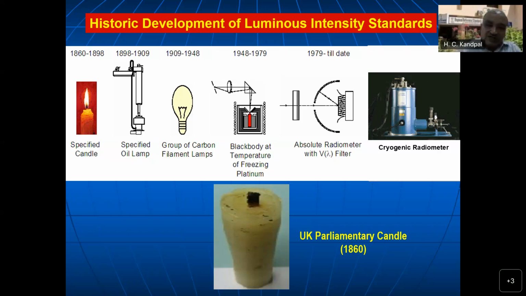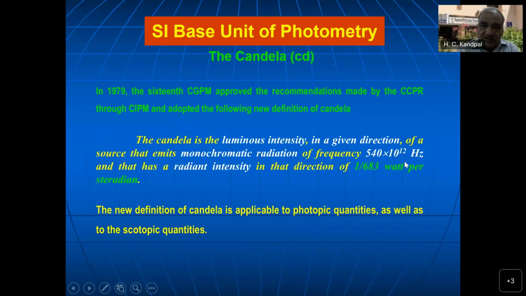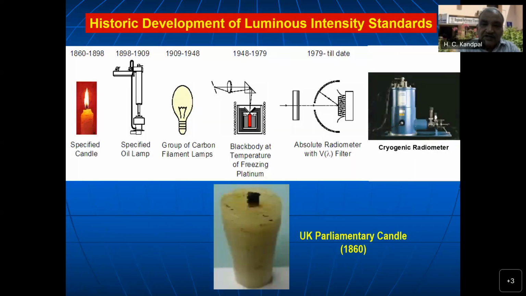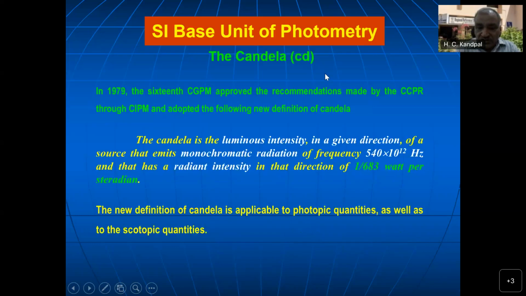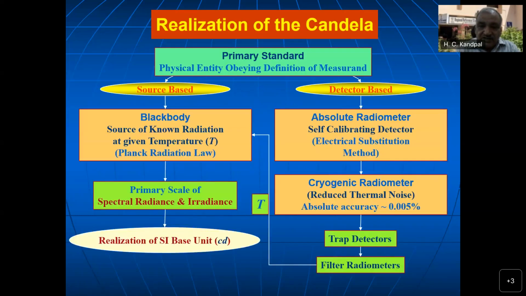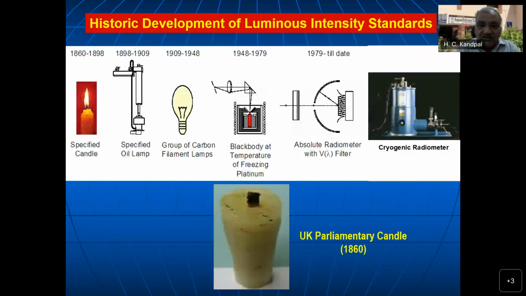Now, after 1979, when the candela was redefined, absolute radiometers came into being, developed by Blevin in Australia, of this type of system. Since this suffers from Johnson noise, thermal noise, and the uncertainty becomes very large because of the noise parameters, it was thought that the detector should be cooled to helium temperature, and that's why it is called a cryogenic radiometer.